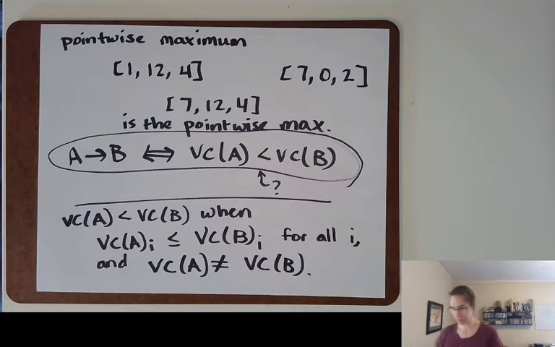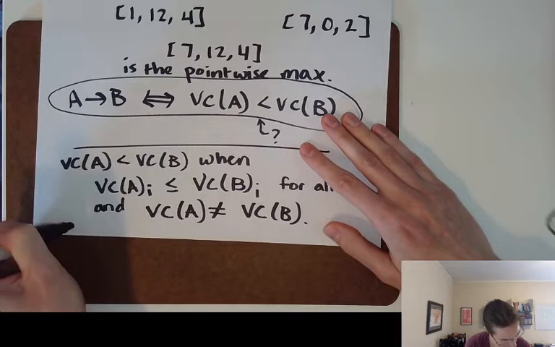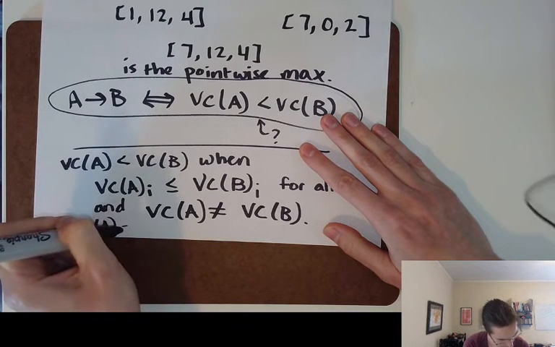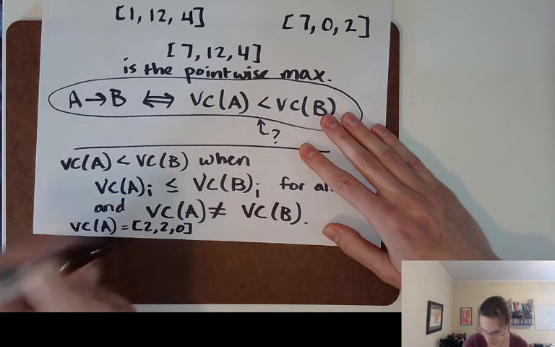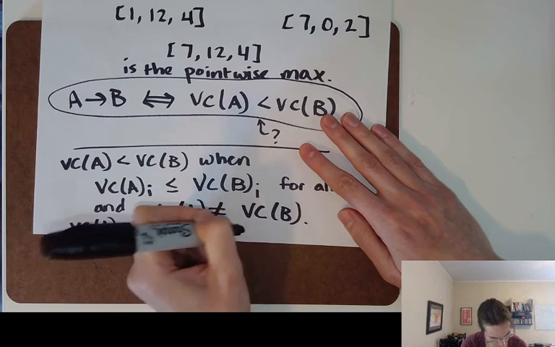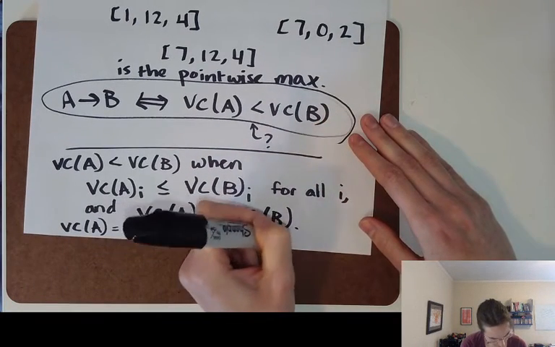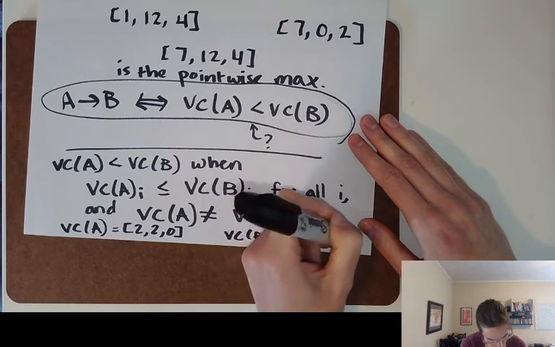So for example, let's say VC of A is 2, 2, 0, and VC of B is 3, 2, 0.